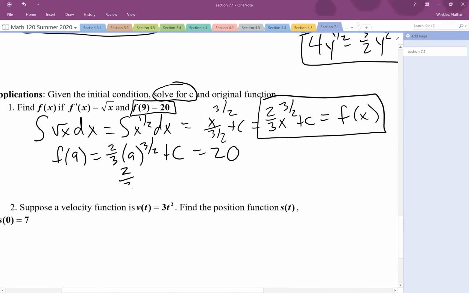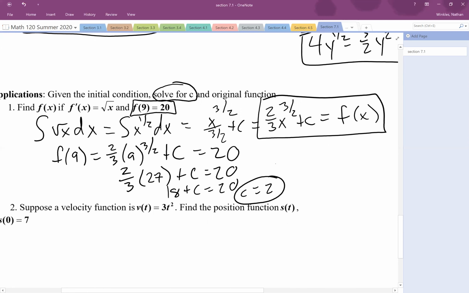So this is 2/3 times 9 to the 3/2, which is equal to 27, because the square root of 9 is 3, and 3 cubed is 27. Plus c is equal to 20. 27 divided by 3 is 9, times 2 is 18, plus c equals 20, which means c is 2.